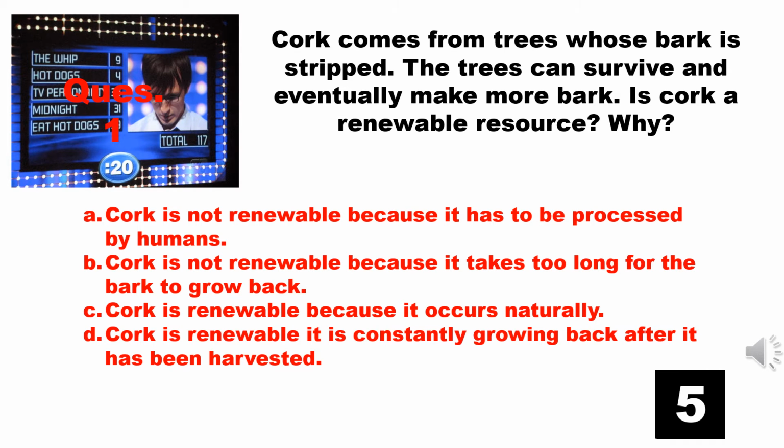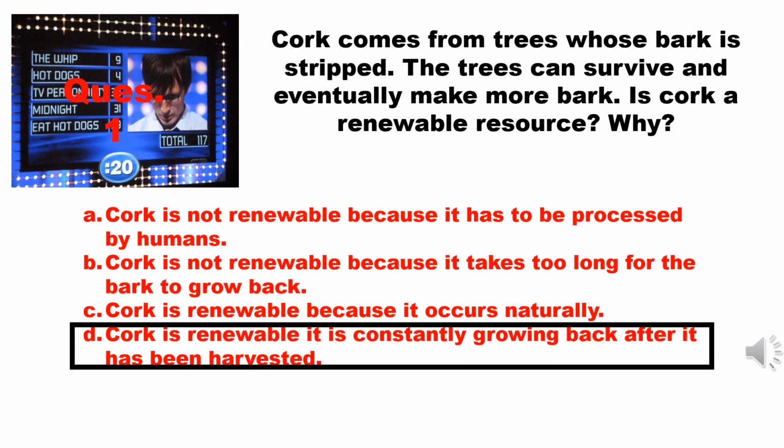All right, you have a timer that is going to count down, and you have to choose an answer. Here goes. All right, and your answer is cork is renewable as it is constantly growing back after it has been harvested.